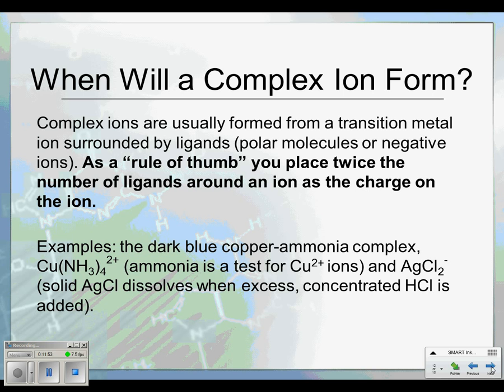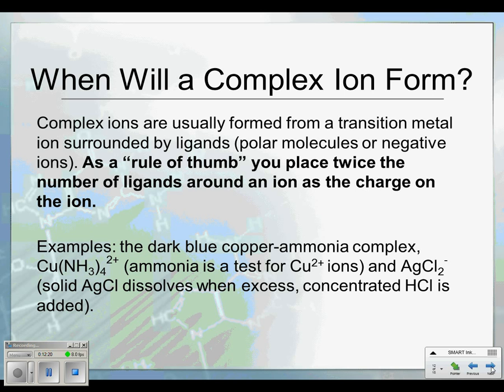And there are a couple of reactions that form complex ions, so being able to recognize the key words that could possibly tell you in disguise that you're actually going to be expecting a complex ion or a coordination complex to form, you need to be able to recognize that. So I've already told you that usually for the rule of thumb, you'll have 2 times as many ligands around the ion as the charge of the ion.